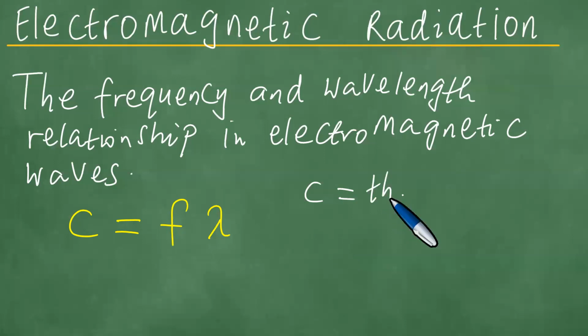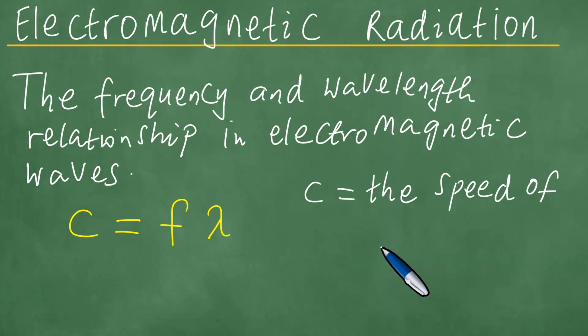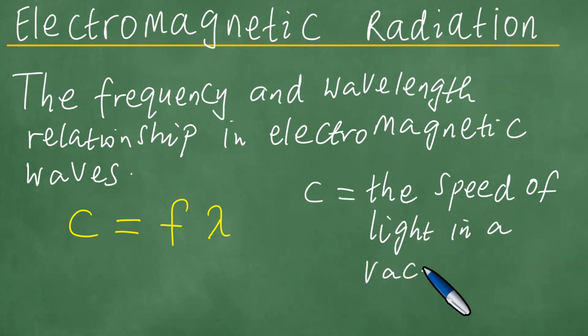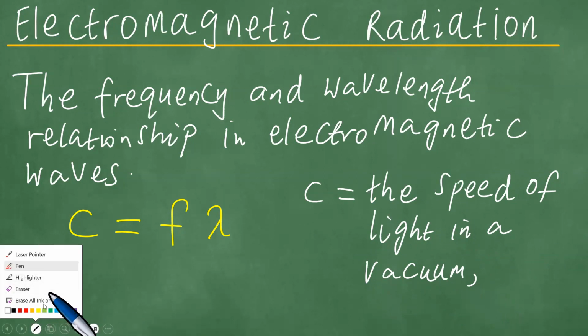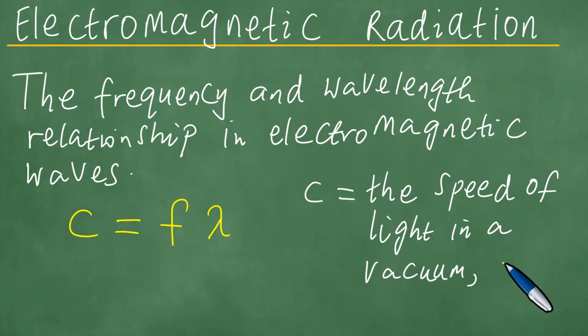It stands for the speed of light in a vacuum. And what is this speed of light in a vacuum? It is 3 times 10 to the power 8 meters per second. That is what the C stands for here.